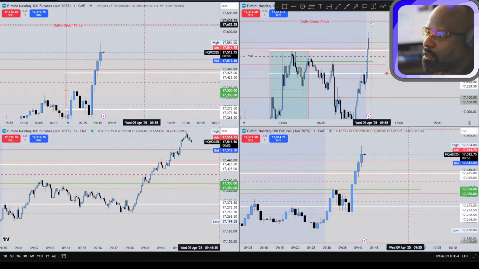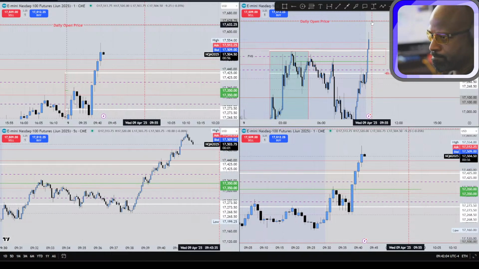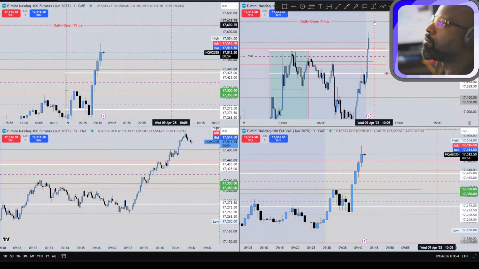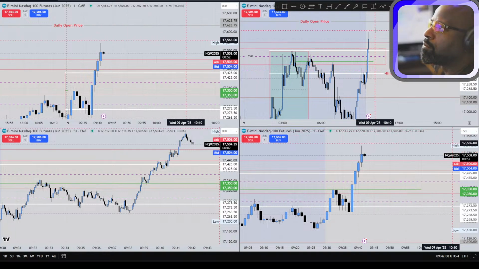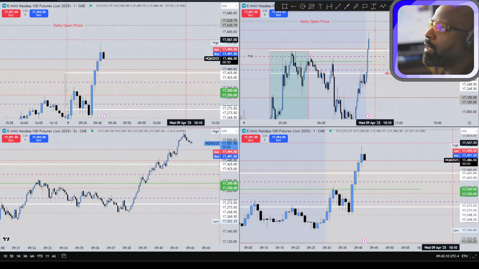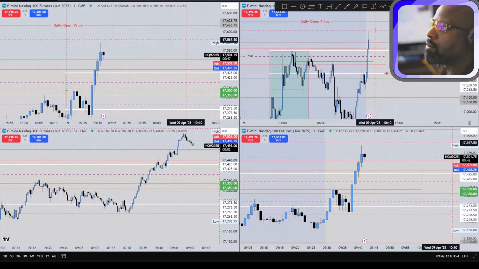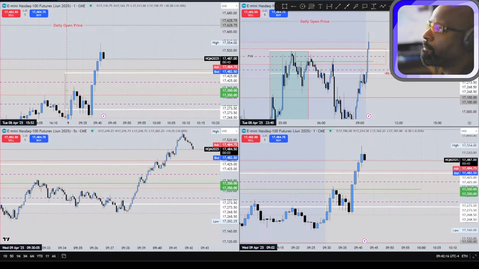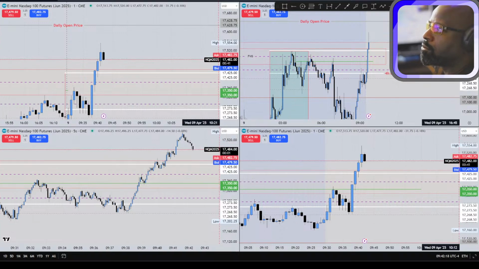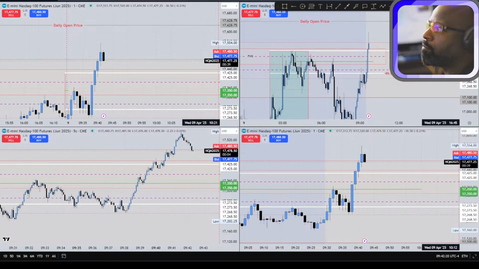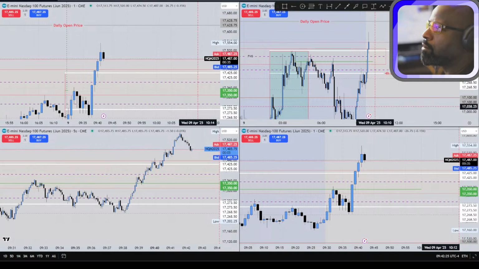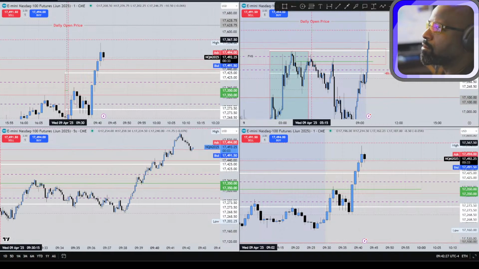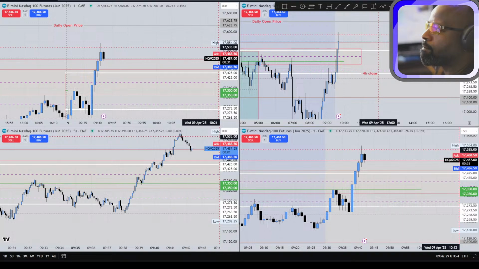Right now, we're in the wick of it. On the daily chart, we're in the body of the candle, and we have just closed in rapidly on its opening price. It looks like we got very, very close to it and rejected. We didn't quite touch it.